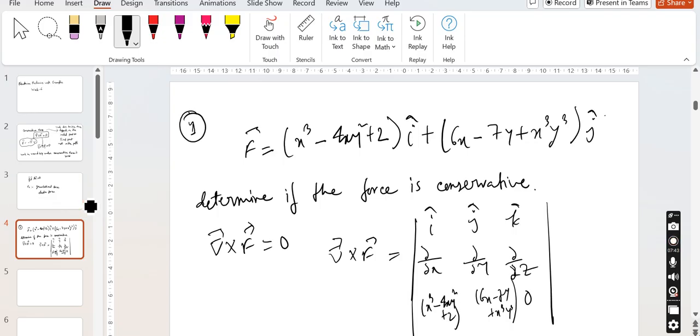When we compute the i component, del y of 0 is 0, minus del z of 6x minus 7y plus x cube y cube.